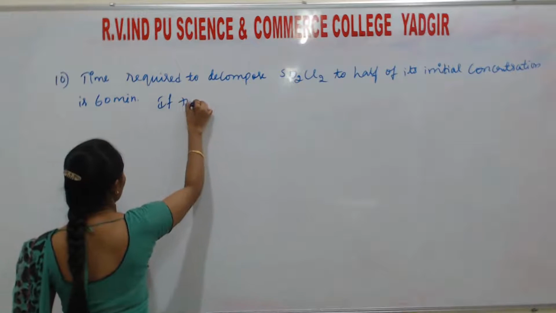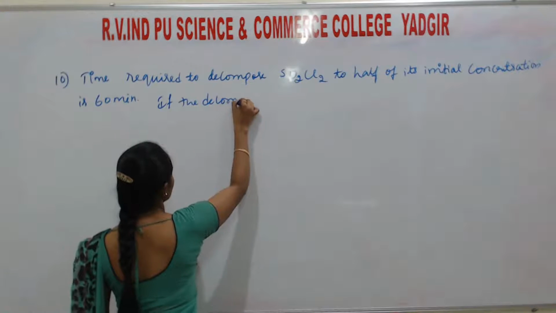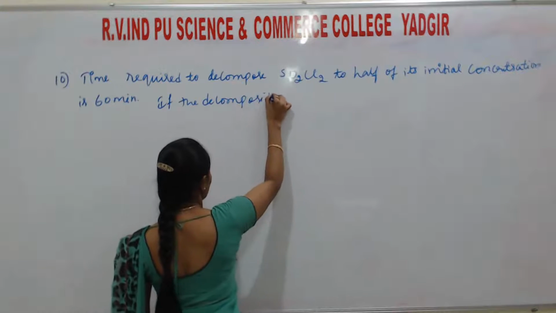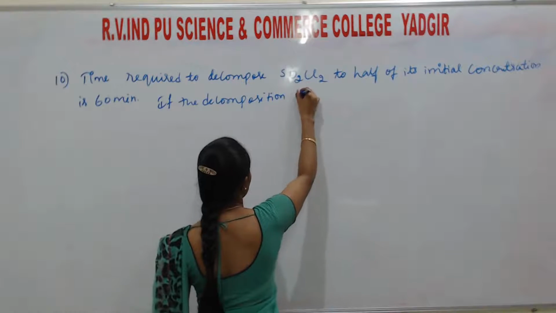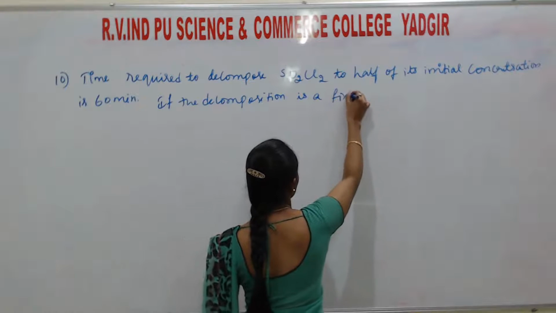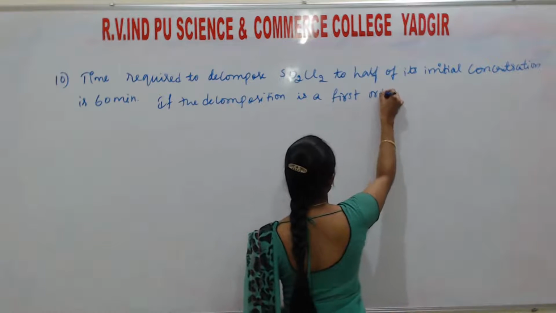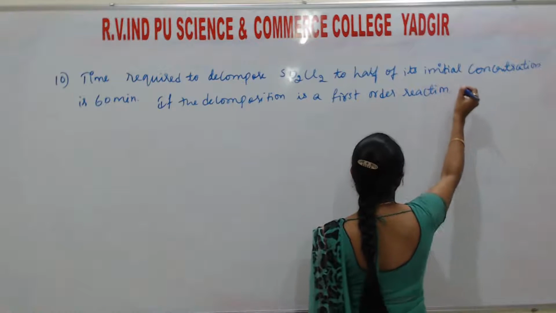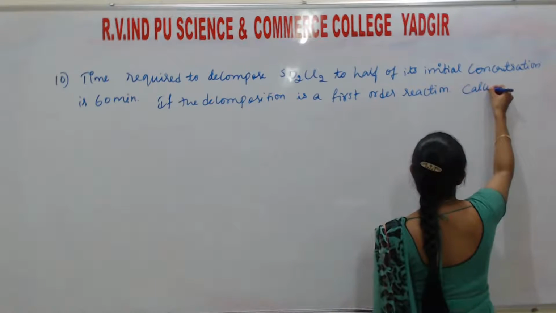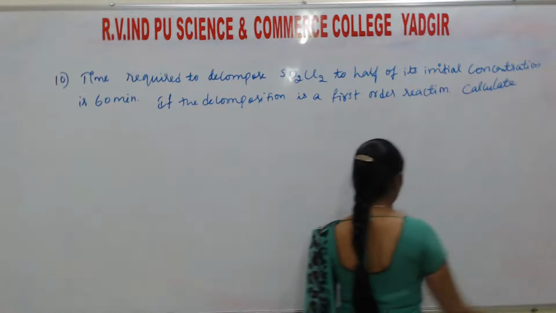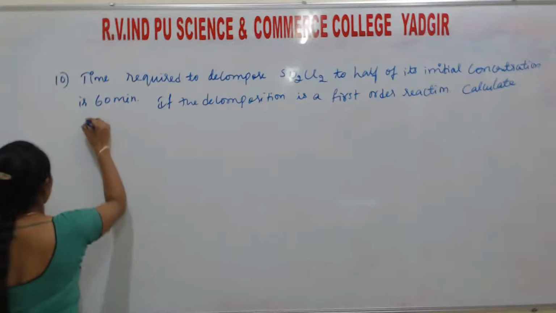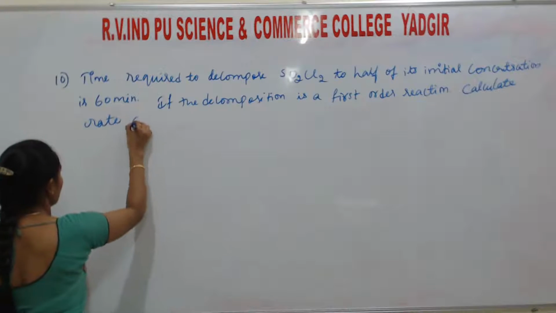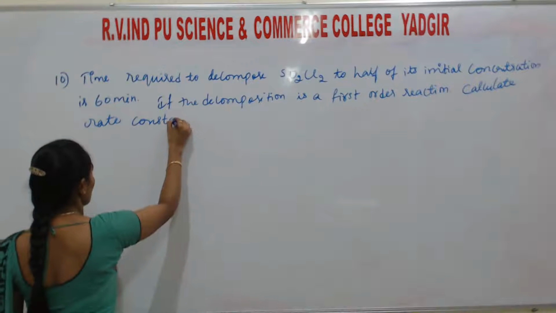If the decomposition is a first order reaction, calculate rate constant.